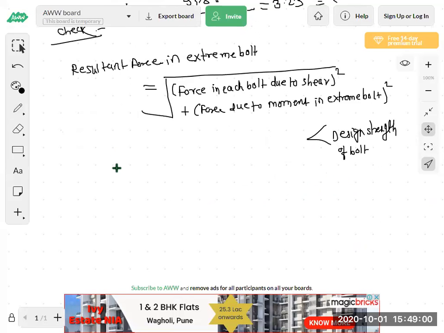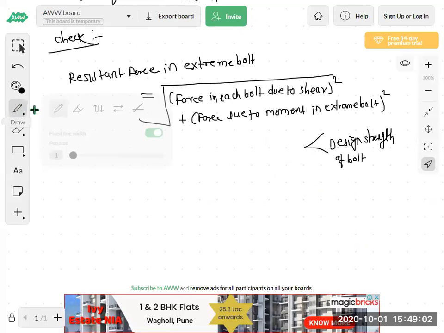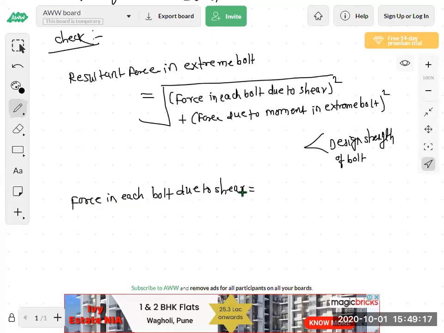Okay, so now we have to calculate force in each bolt first.